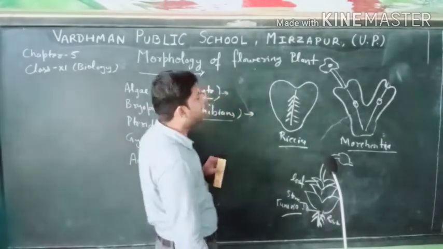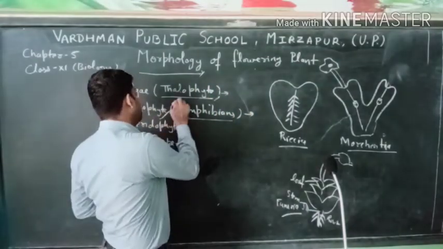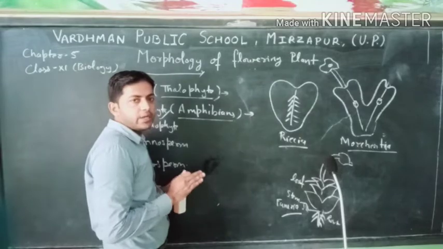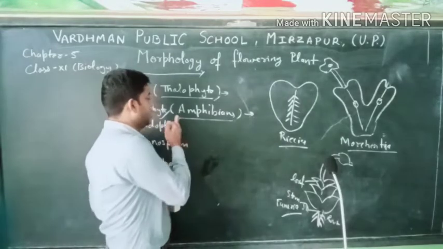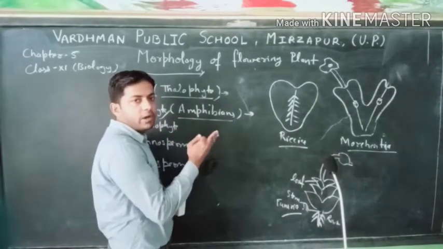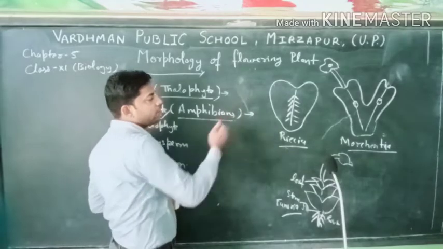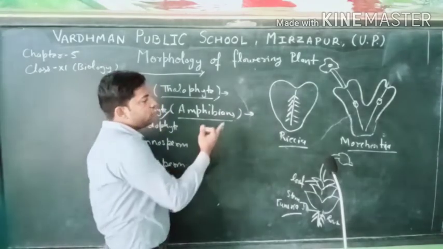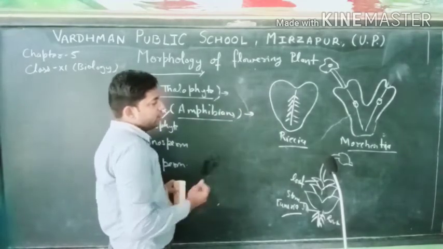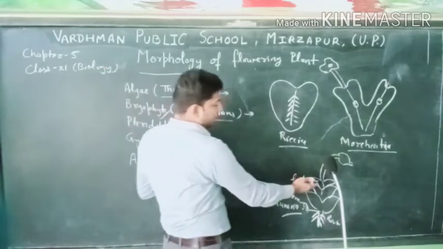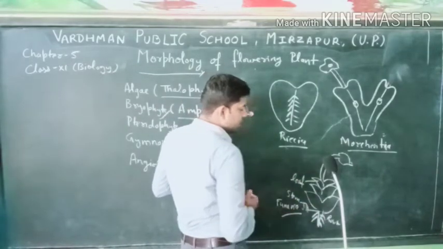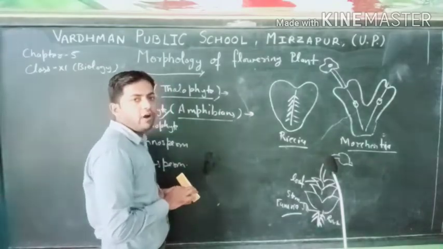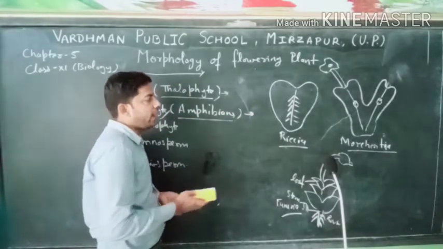The reason is that in bryophytes, the vascular bundle is totally absent. It means xylem and phloem are not present because they are small plants. Due to the absence of vascular bundle, if leaf, stem, root are present, they are considered false leaf, stem and root.